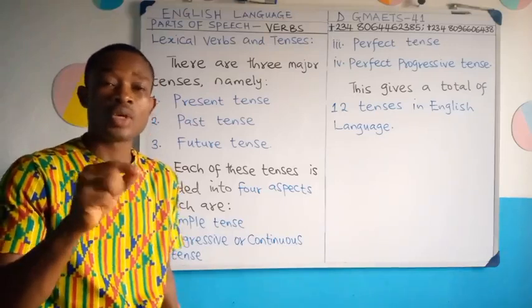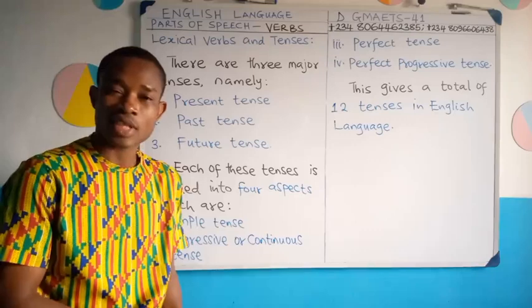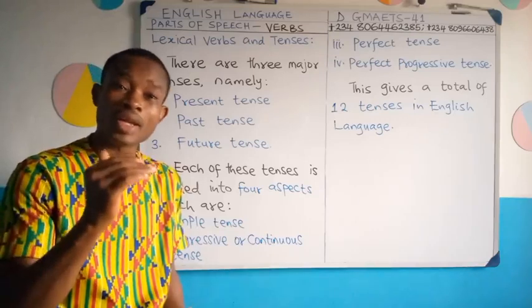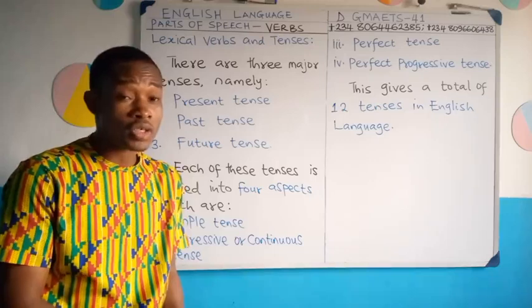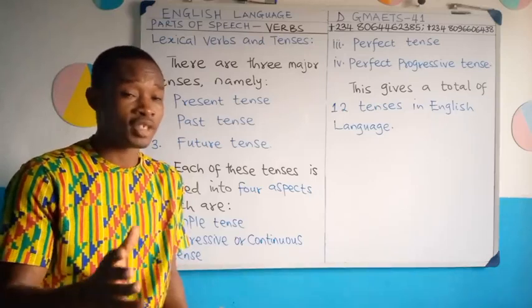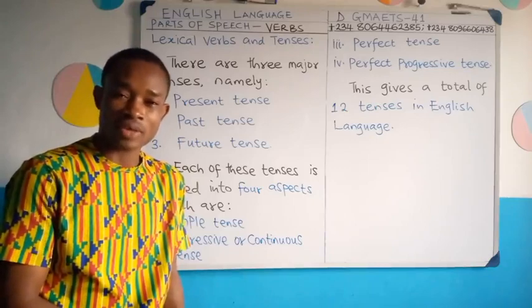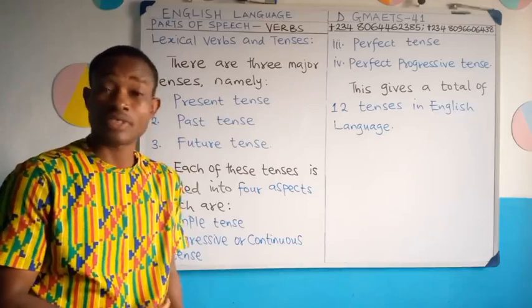But you may hear someone tell you sometime that there are 12 tenses in English. It all depends on your level of study. Okay? And of course, anyone who tells you that there are 12 tenses, the person is not wrong. Let us find out why we could say that there are actually 12 tenses.